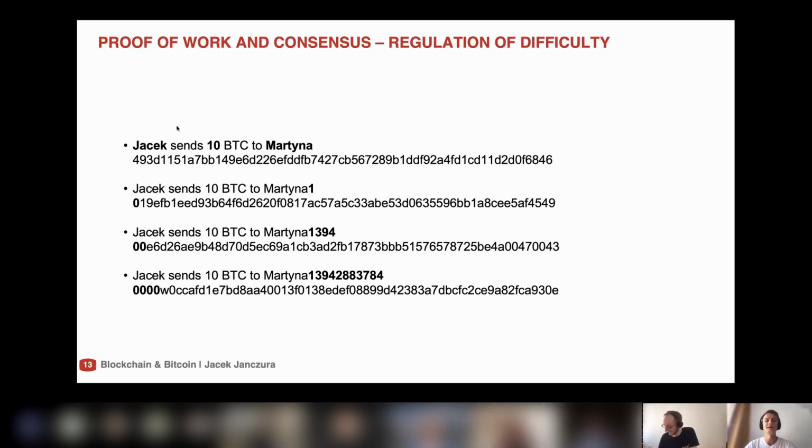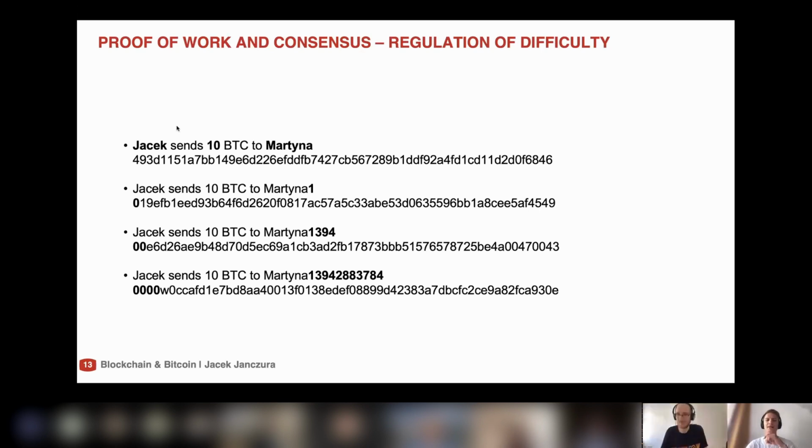It won't make any sense to give someone the right to put the new block based on their mood or whatever. So there was a designed algorithm called proof of work: we give a puzzle to all peers who want to participate in mining, and the first peer who solves the puzzle can add a new block to the blockchain.